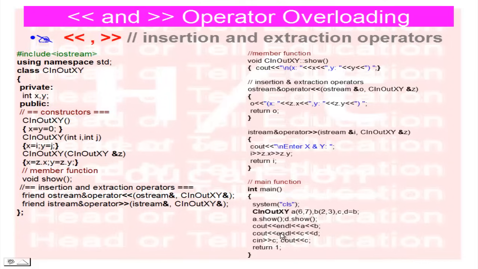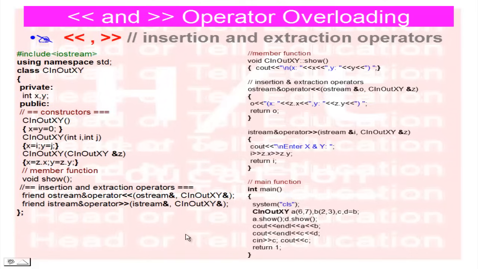Now we scan the values. How to scan? cin. This is our custom class object, but this works like a standard data type, like cout with an object. So this is the special feature of C++ by using operator overloading.